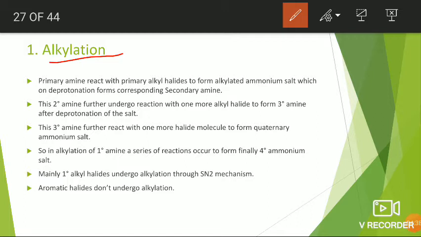Next, in the case of amines, there are three types: primary, secondary, tertiary amines.